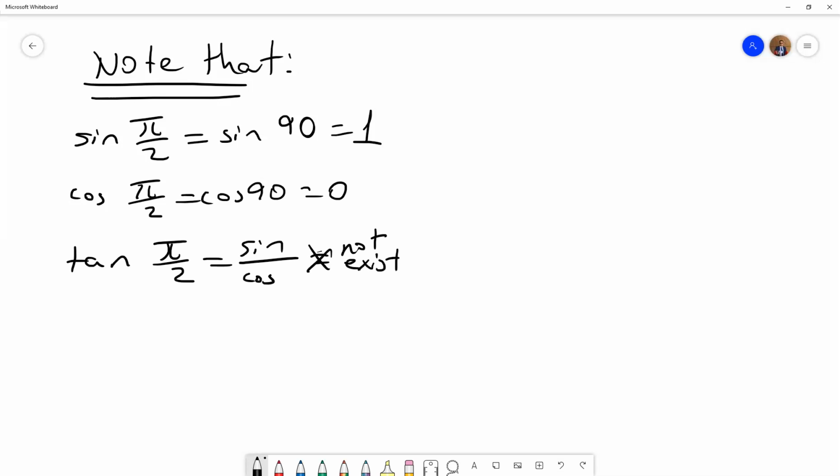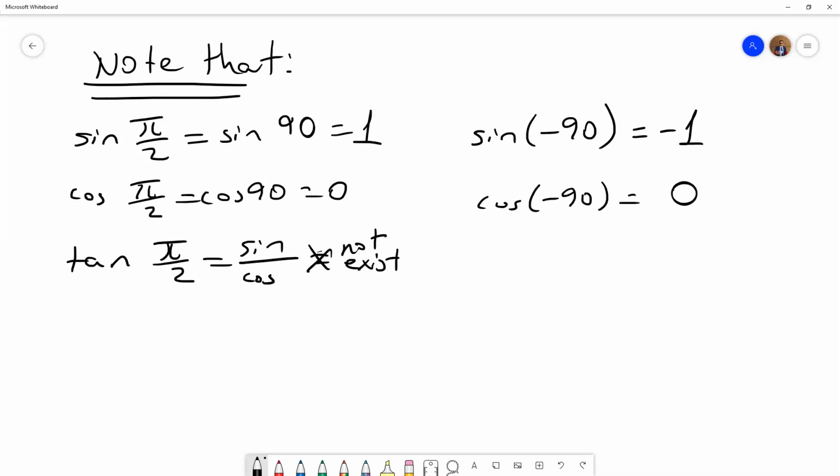And also we have sine minus 90 is equal to minus 1, and cosine minus 90 is equal to 0. So tangent minus pi over 2 also does not exist.